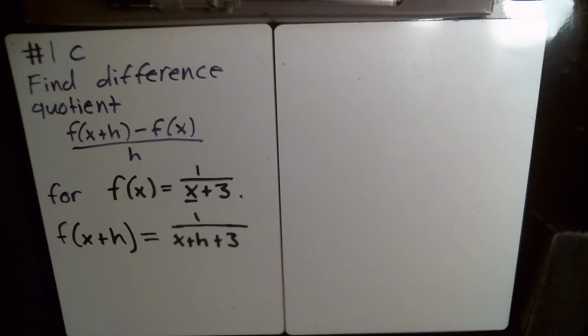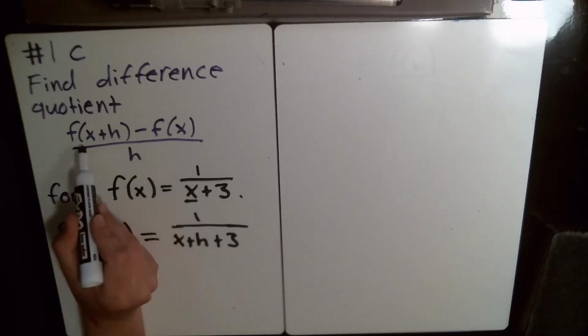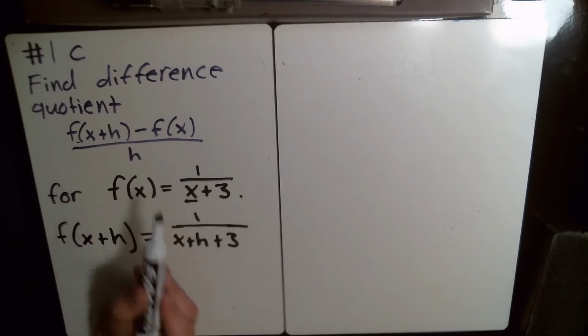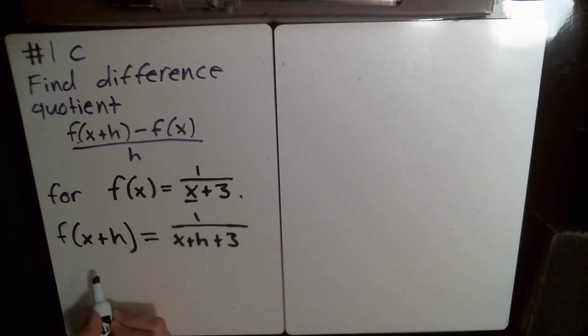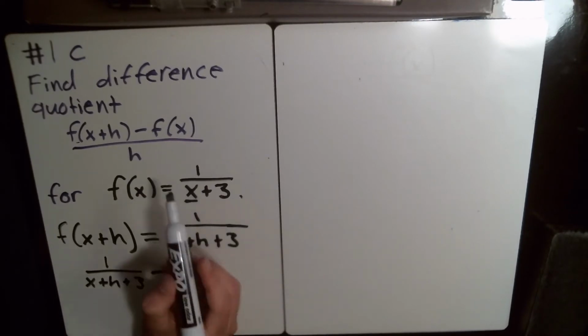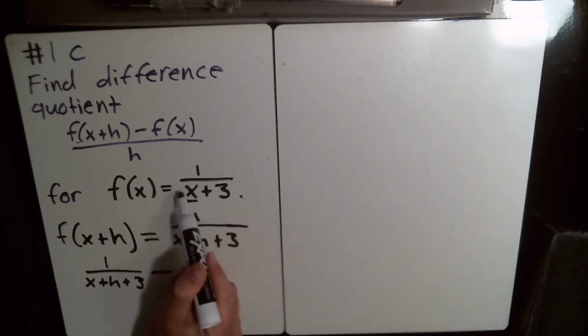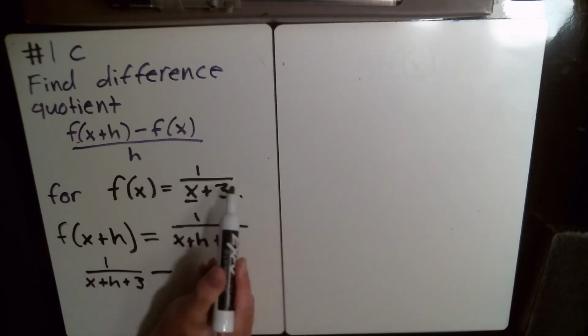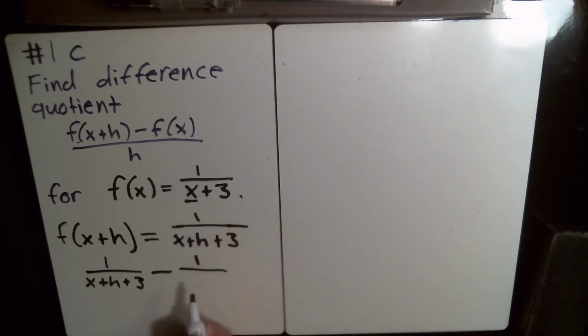So now I'm ready to do the difference quotient. Well, my difference quotient is I take f of x plus h, which was this, 1 over x plus h plus 3, and then I minus f of x. f of x was equal to this, so 1 over x plus 3, and then divided by h.